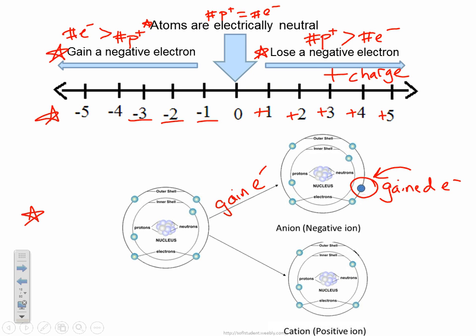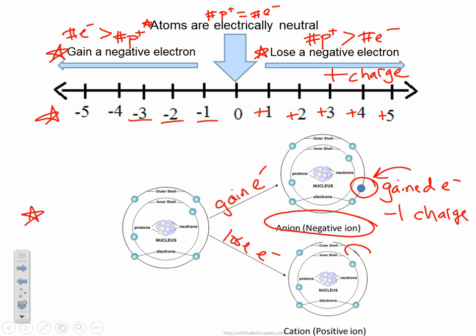So now there are 7 electrons total. There are more electrons than protons. So if this is a negative ion, this would be a -1 charge for the one gained electron. Or we can lose an electron.